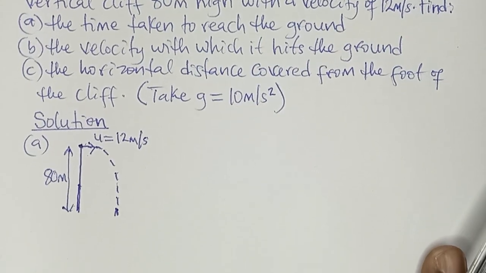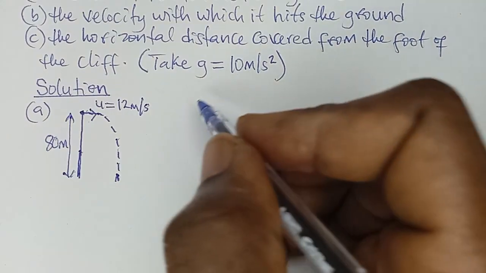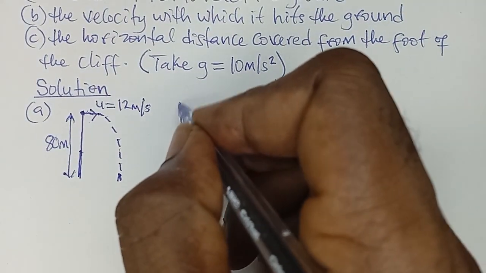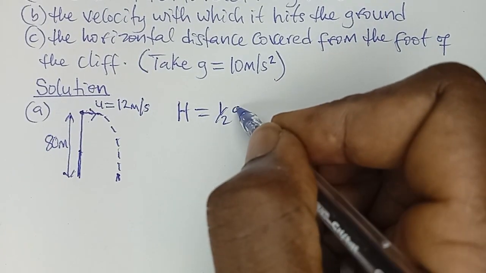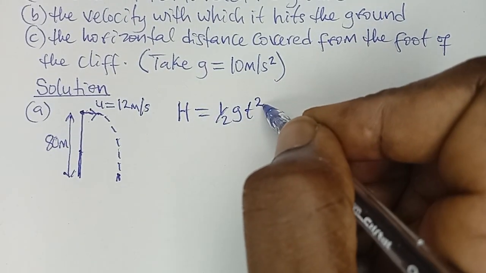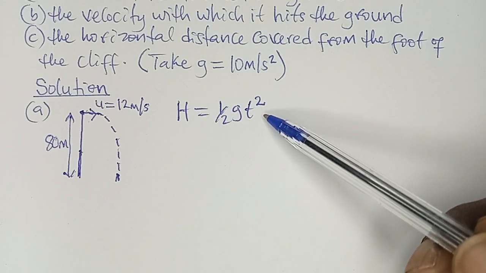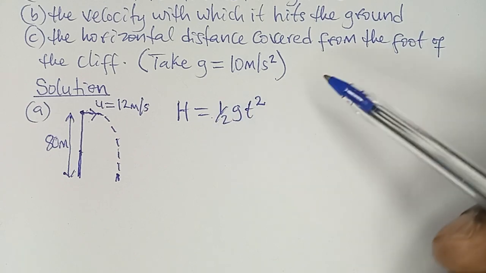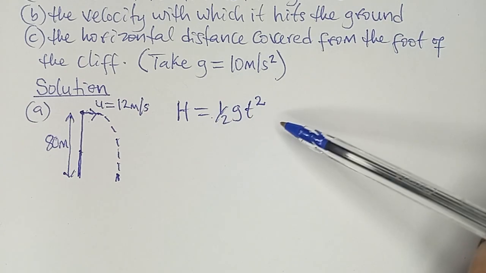To calculate the time, we are simply going to take the formula h equals half gt squared. You can see this is similar to the equation of motion ut plus half gt squared.